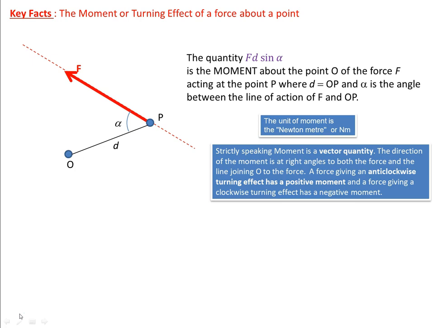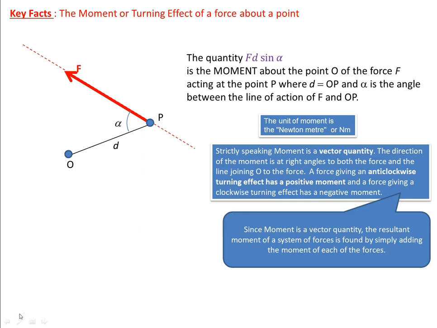If the force is giving us an anti-clockwise turning effect, then we have a positive moment. But if the force is giving a clockwise turning effect about O, then we have a negative moment. The resultant moment of a system of forces is found by simply adding the moment of each of the forces.